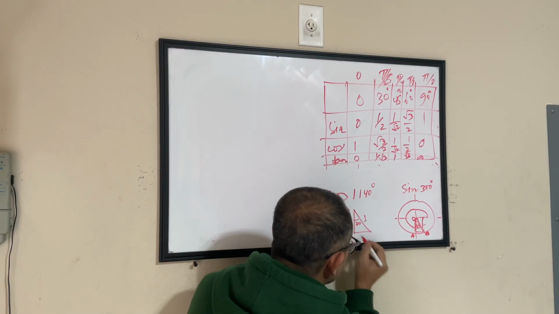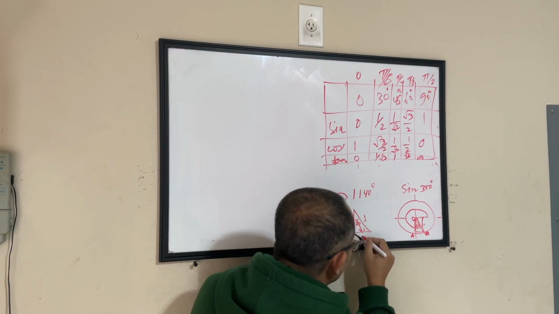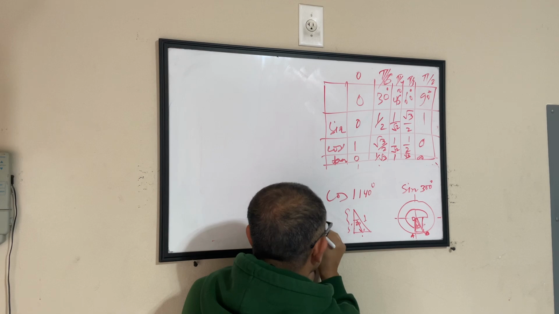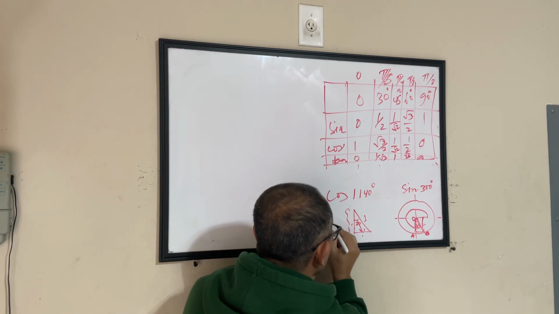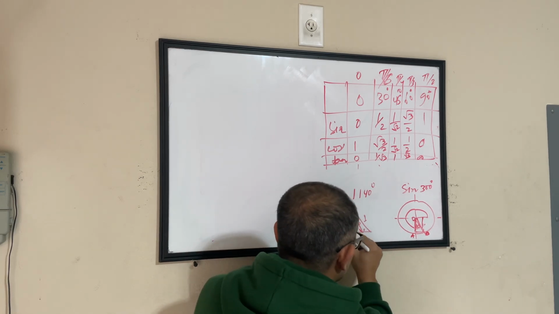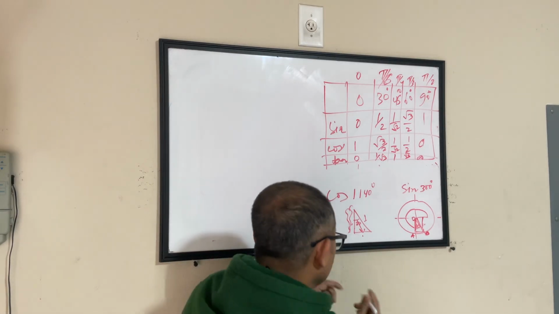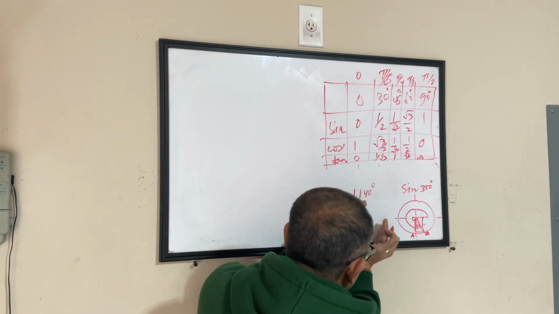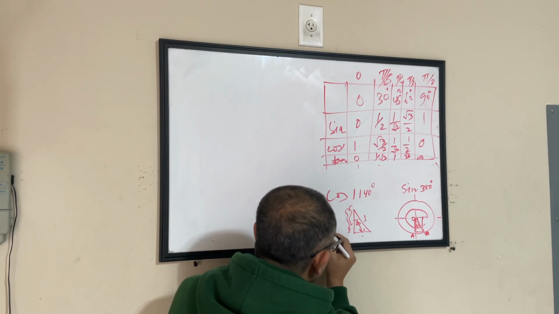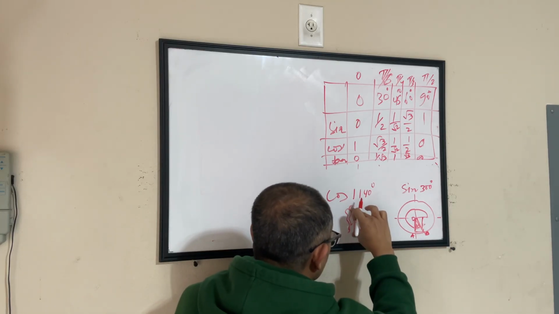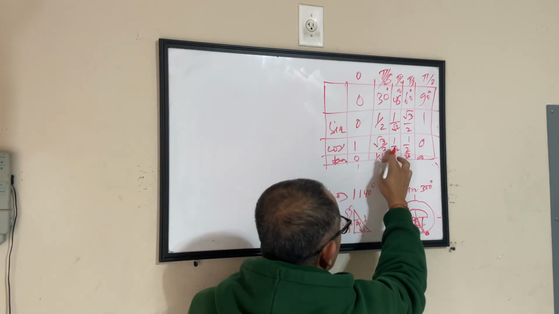This is the base, the side adjacent to the angle, so this is cos. So cos of 30 degrees will be this length in absolute value, and cos of 30 degrees we know is root 3 by 2.